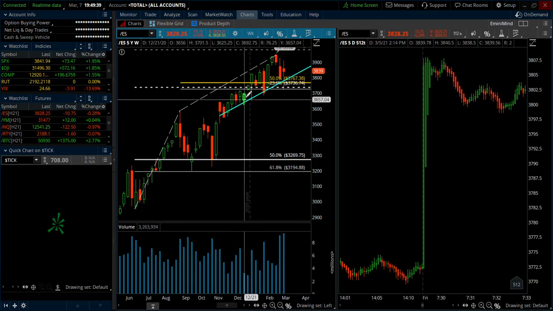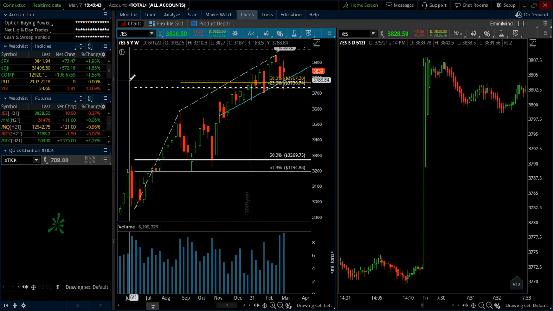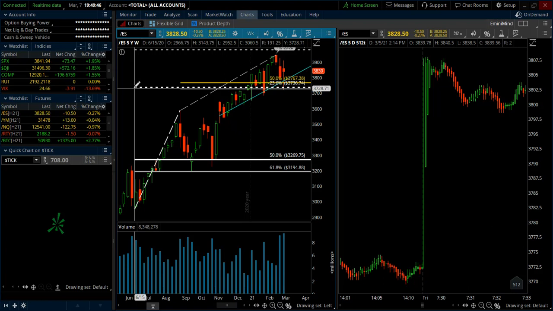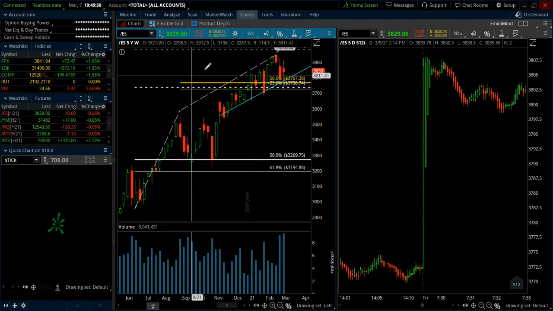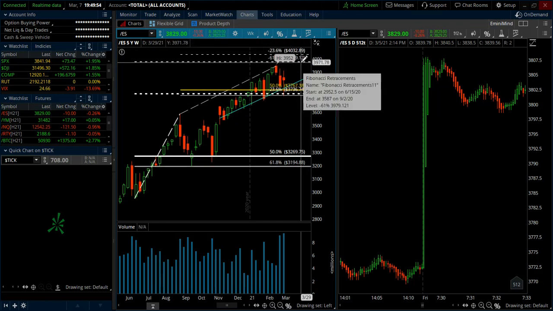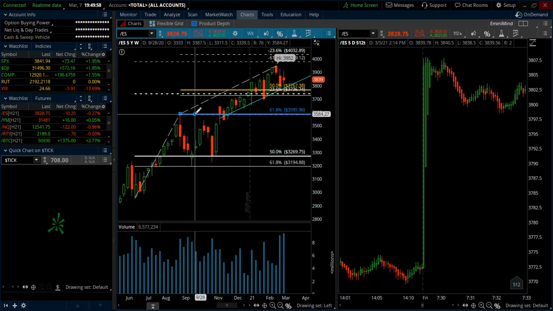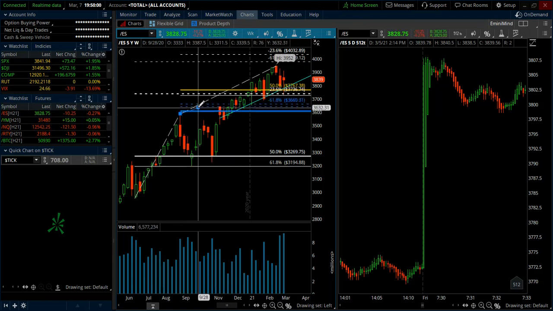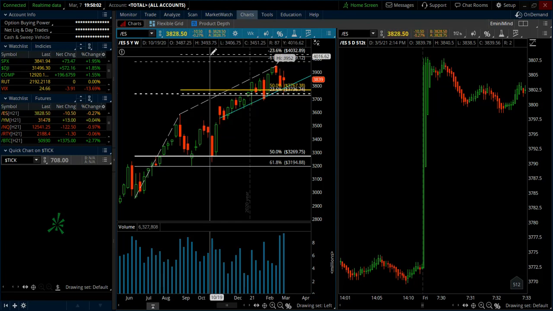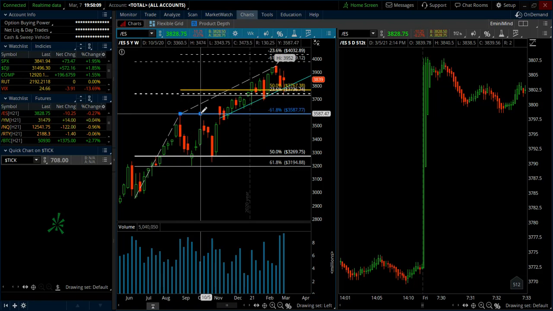And then from there, we went up pretty strongly to what I consider the main target, the negative 23. But then we went beyond that almost all the way to the negative 618. So we went beyond the prior highs, roughly 23%, and then we continued on to roughly 60% beyond that anchor point's high.